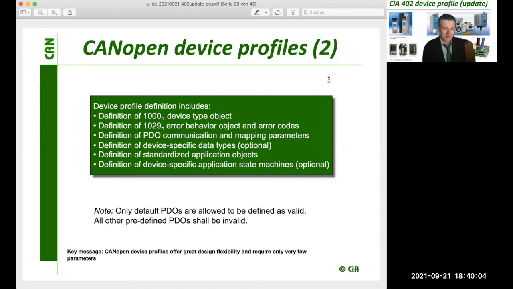Another thing, the object 1029 provides the standardized error behavior and error codes, which are also given basic for every CANopen device profile.